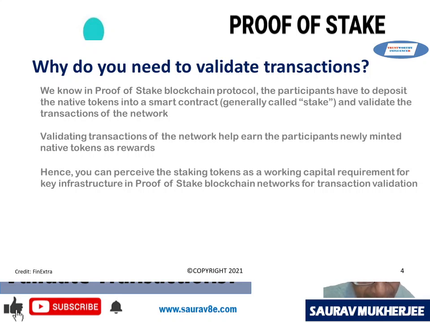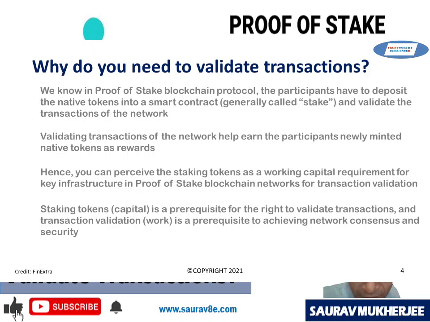So it's an asset. You earn an asset, and because you earn an asset, you're not likely to infringe on the security of the network. As a result, the proof of stake network or protocol becomes more secure and less risky than the proof of work protocol, which Bitcoin uses.